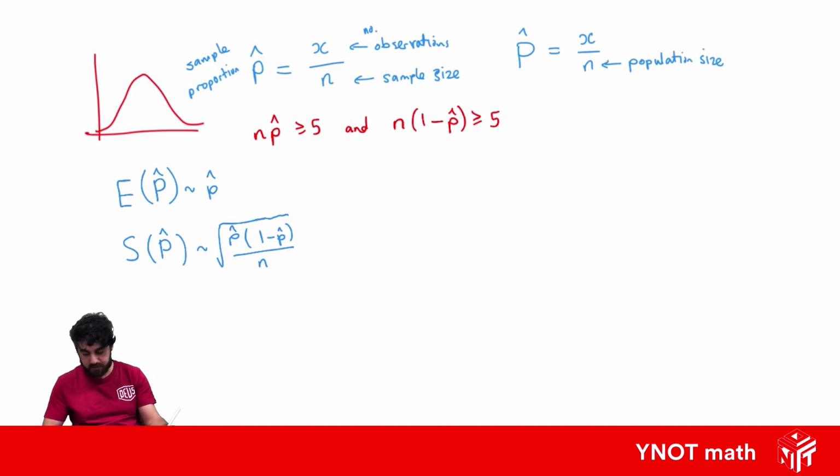So this is our expected value and this is our standard deviation, which is also called our standard error. And let's go ahead and use these to look at some examples.